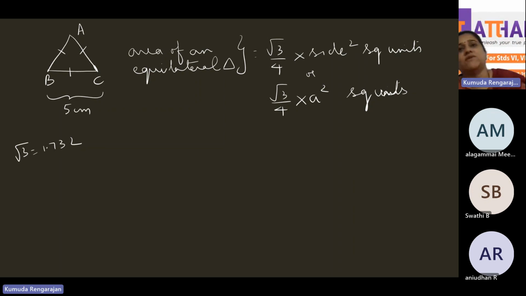So it's approximately 1.732, for the sake of using it in calculation. Is it fine? Root 3 by 4 into side square. Only for an equilateral triangle does this formula apply.